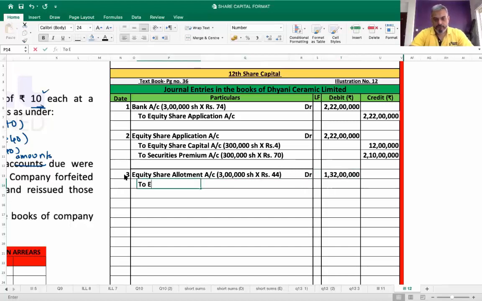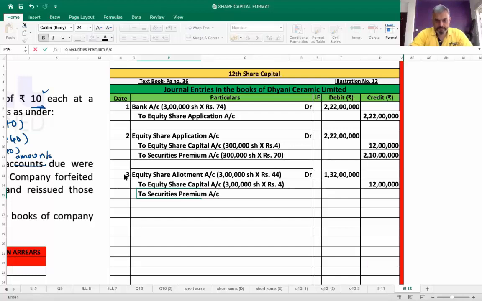Now over here to equity share capital, 3 lakh shares into rupees, capital always with the face value, into 4. So 12 lakhs. And now to securities premium, 3 lakh shares into rupees 40, 1 crore 20 lakhs.